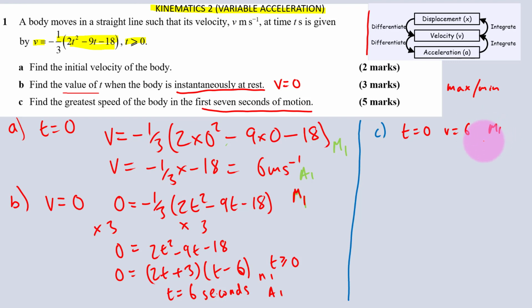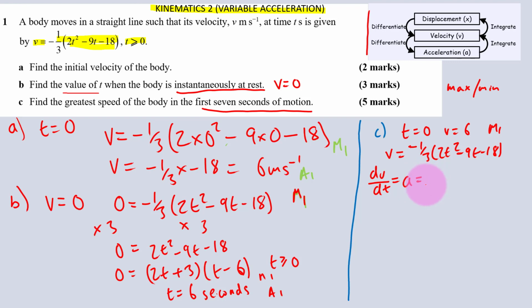Now we need to differentiate v equals minus a third, 2t squared minus 9t minus 18, because if you remember, that's like us doing a second derivative. I know that, and this actually is going to be acceleration when you do this, but that's just a fact.